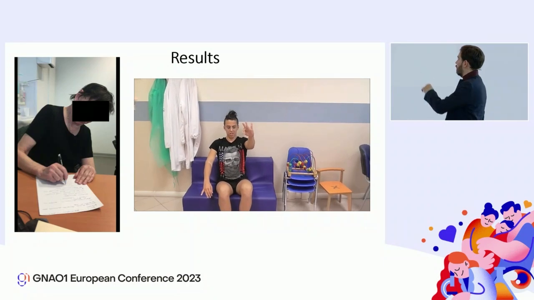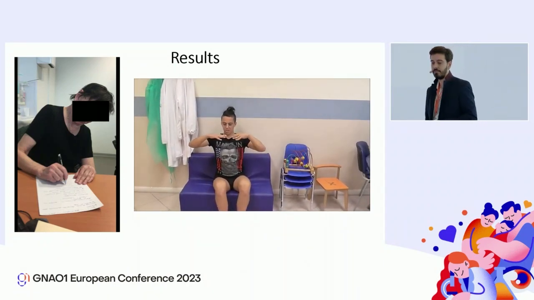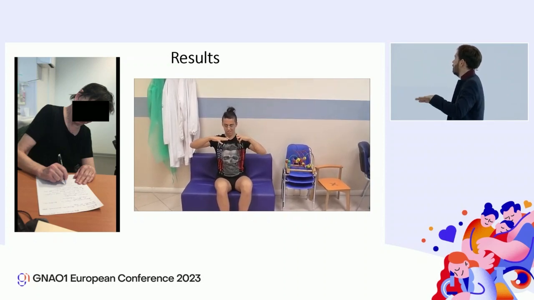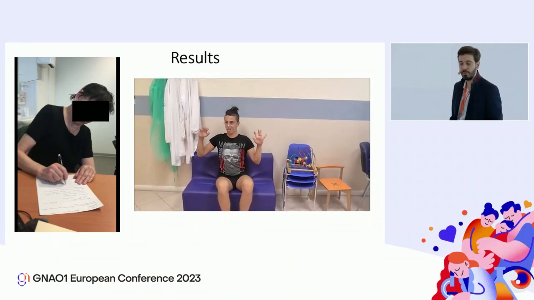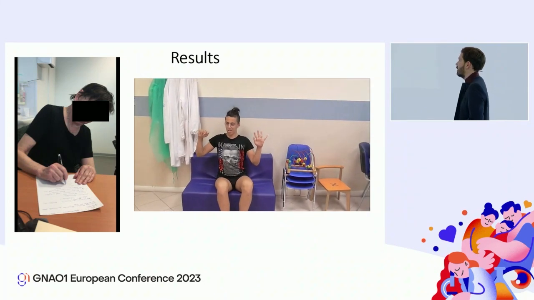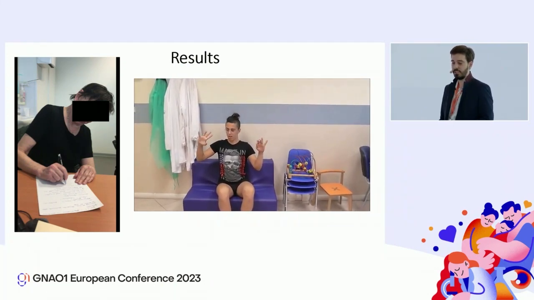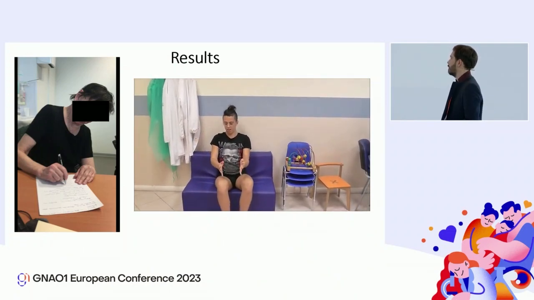You can see on the right hand some mild dystonic posturing, also on his face, and on his left limb. So there's a little bit of asymmetry in this patient, which is something that we can observe in other GNAO1 patients. In a few seconds, we are going to see his gait, hopefully.